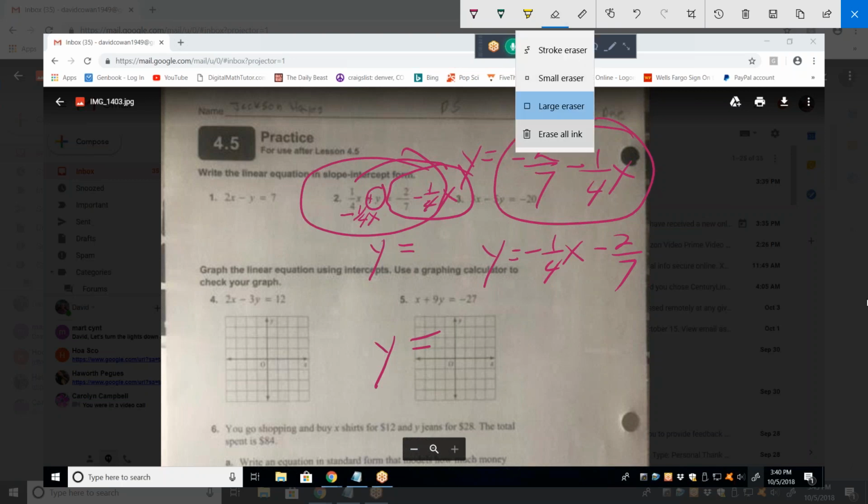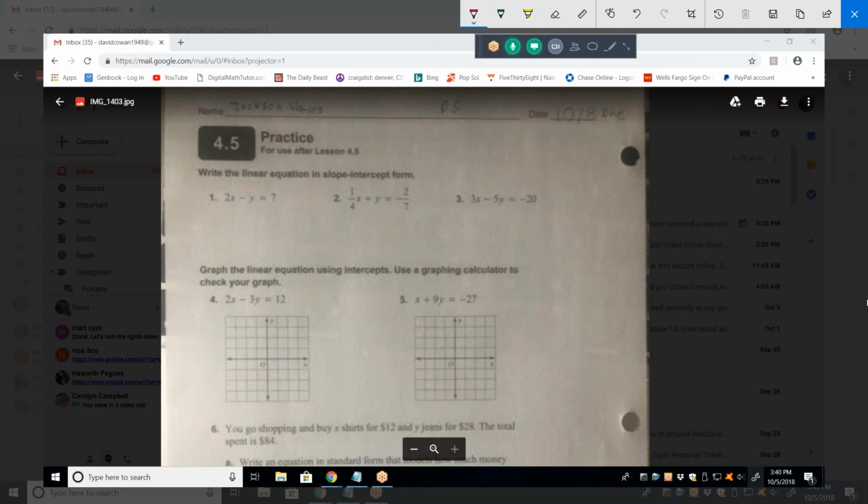Now, notice why you initially got that wrong. You put the y on the other side, and you moved the 2/7 to that side. The problem is that when you put that y on the other side, it makes it minus y, not plus y. I cannot move something to the other side of an equation unless I change its sign.